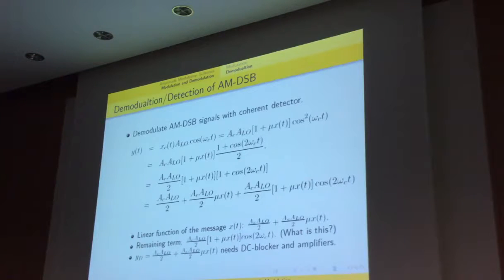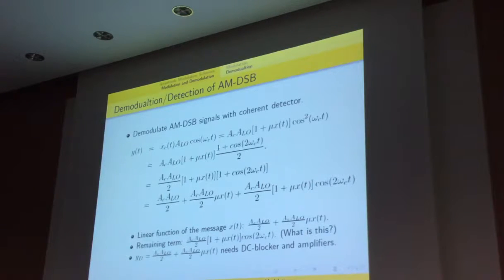Next step is another trick. We need to make use of this trigonometric identity: cosine squared alpha equals 1 plus cosine 2 alpha, divided by 2. Here omega_c t is alpha.